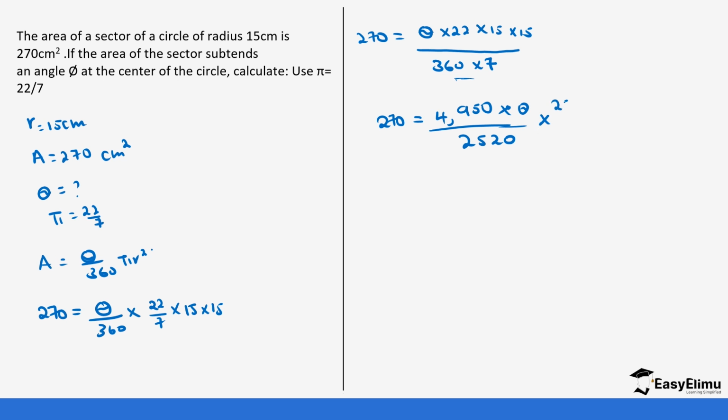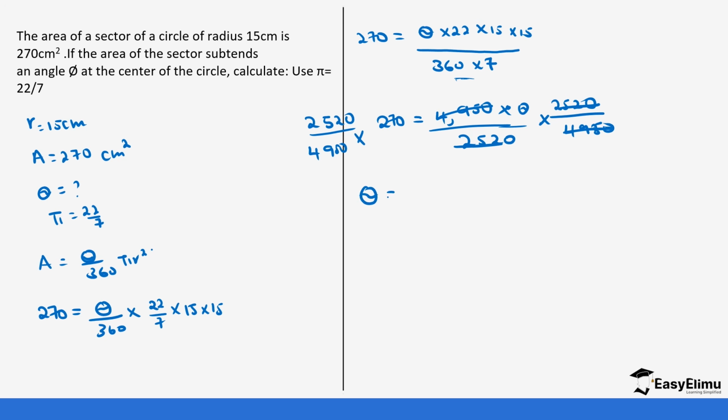So times 2,520 over 4,950, and the same on the other side, 2,520 over 4,950. So this cancels with this and this cancels with this. Be careful.